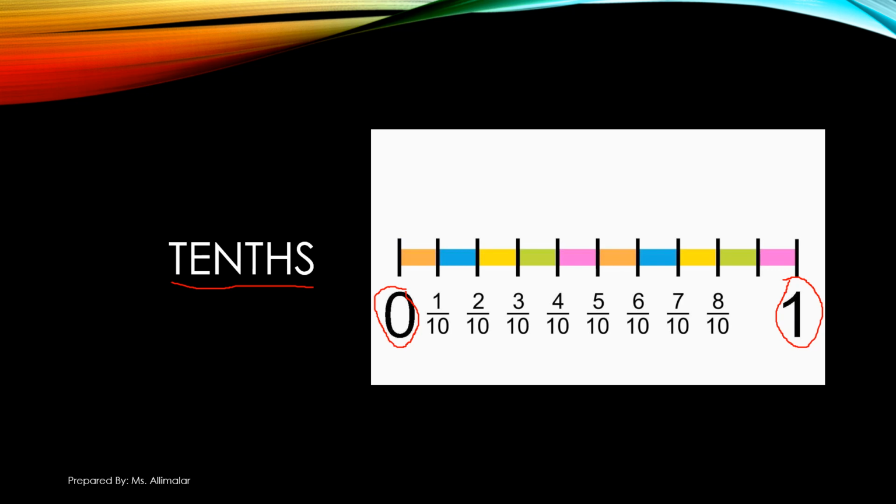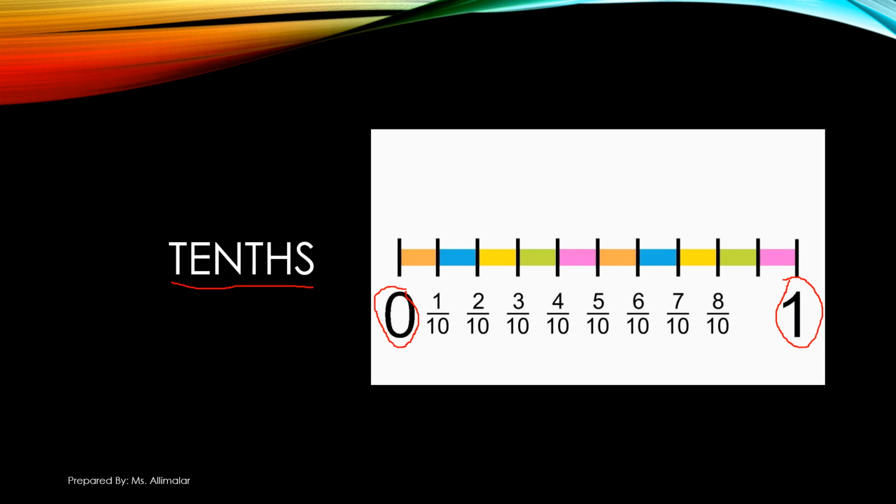Always remember, if the denominator and numerator are the same number, it equals 1 whole. Remember, 10 over 10 equals 1, 5 over 5 equals 1, 3 over 3 equals 1. Recall this, I taught you this in class.